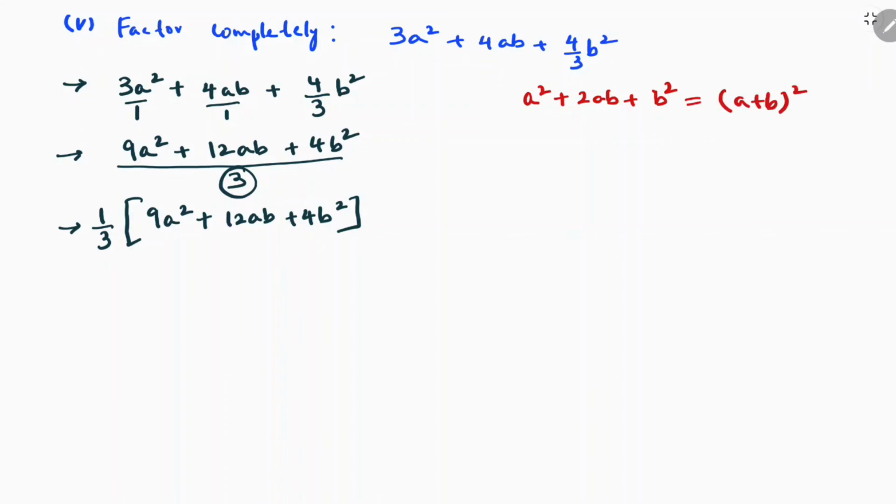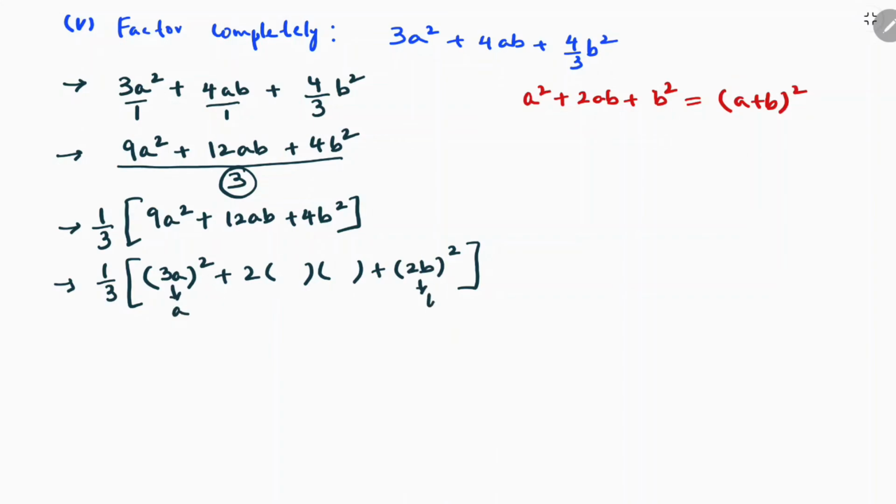But we need to check whether 2ab will fit or not. So first I'll write a square plus 2ab plus b square. So a is 3a, b is 2b. Now we need to check. 2 times 3 is 6, 6 times 2 is 12.